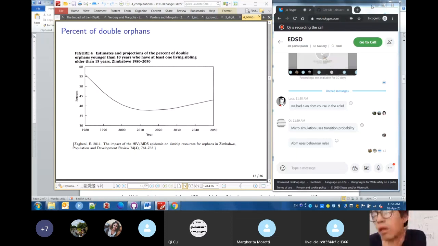So one of the reasons why we need microsimulation, and we're gonna see this in the next study, is that there are many demographic components that contribute to the change, right?